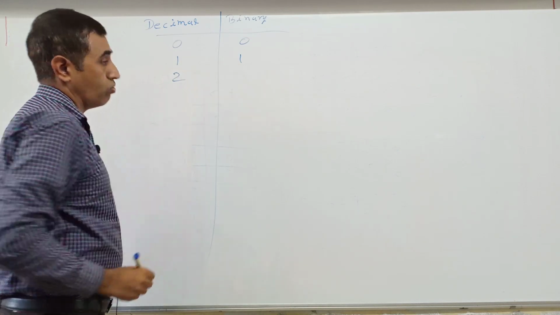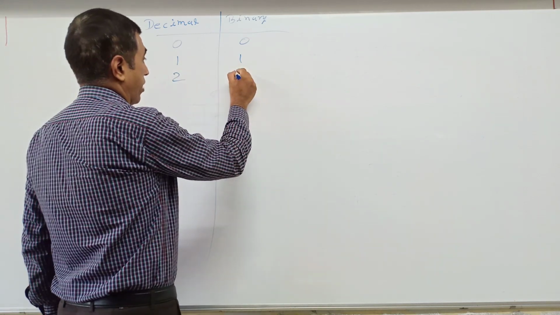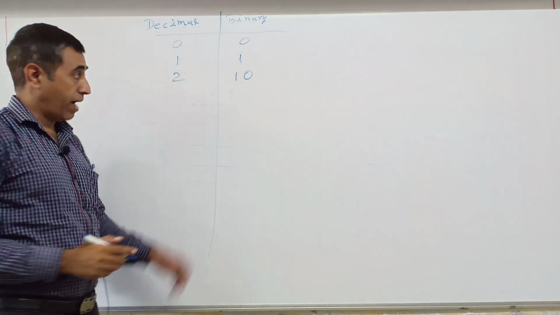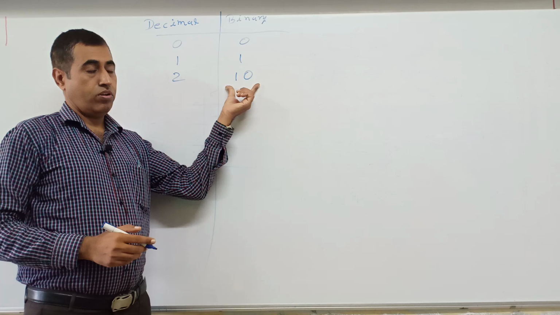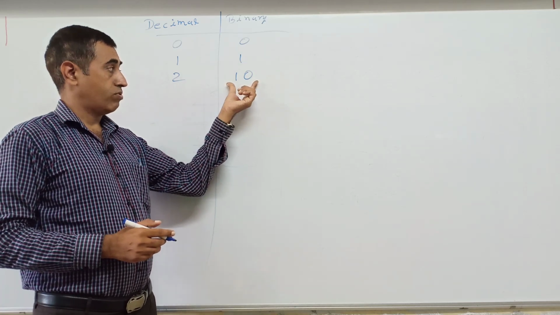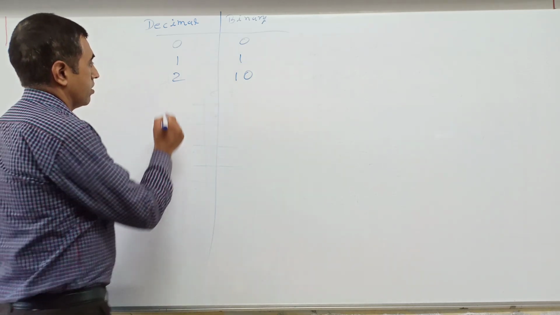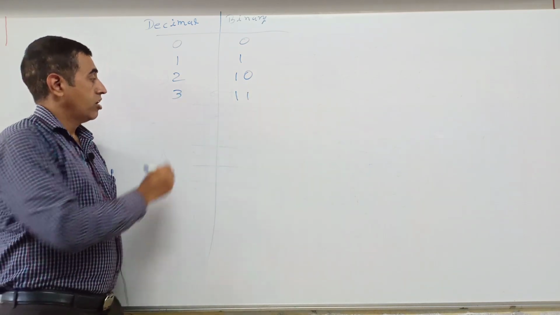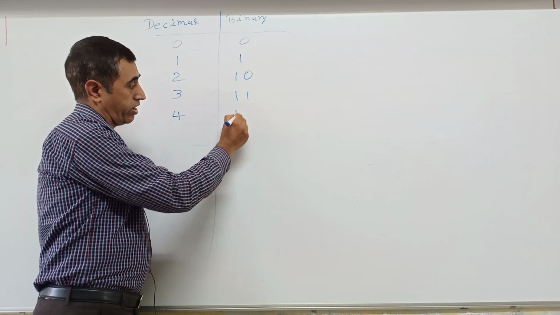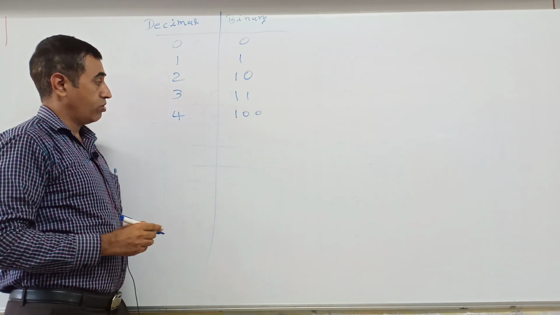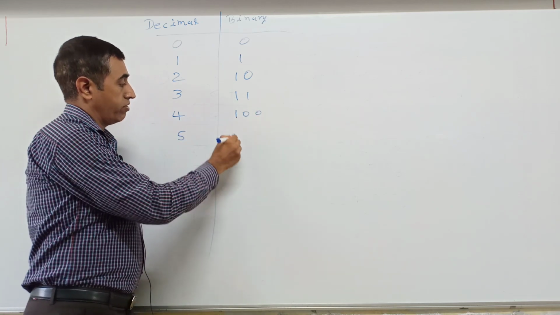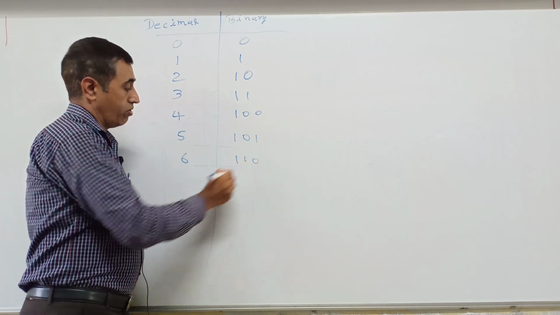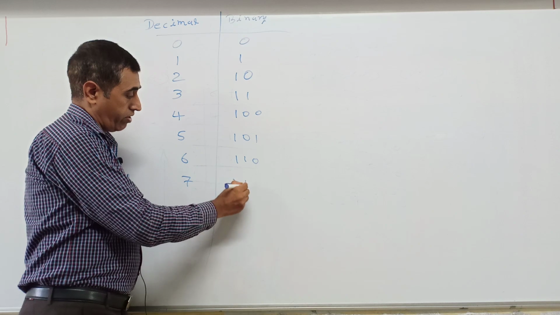But if it is decimal 2, then we can write 1 0. Same way, 3 is 1 1. If you want to write 4, then you will write 1 0 0. If it is 5, then 1 0 1. If it is 6, then 1 1 0. If it is 7, then 1 1 1.